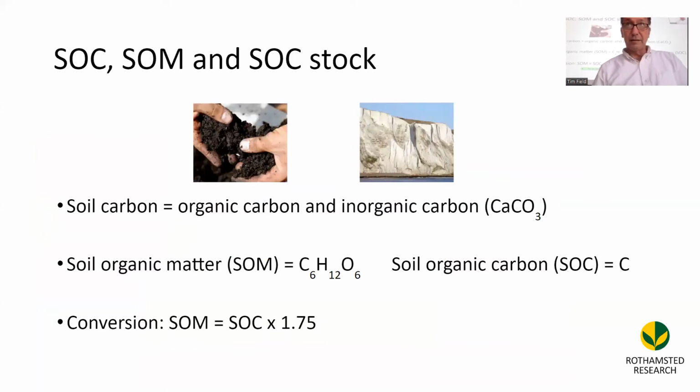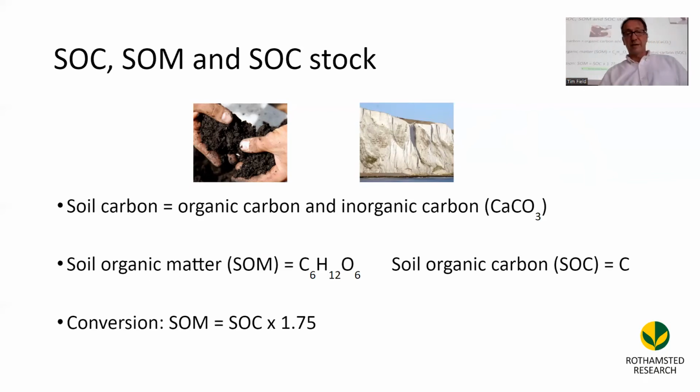Yes, this is about these definitions, what is what. So soil carbon is the sum of the organic carbon and the inorganic carbon, so you have to analyze both independently. Soil organic matter basically stands for this standard formula, C6H12O6. So it's the whole, including the oxygen and the hydrogen.